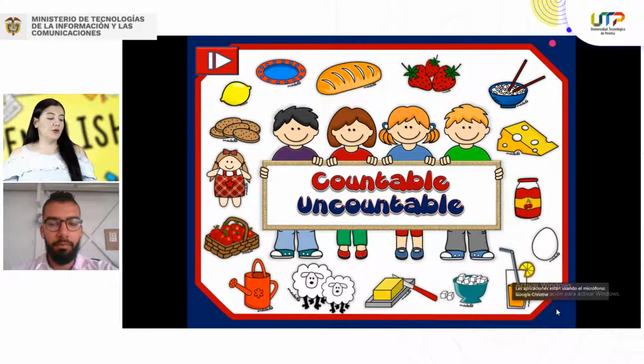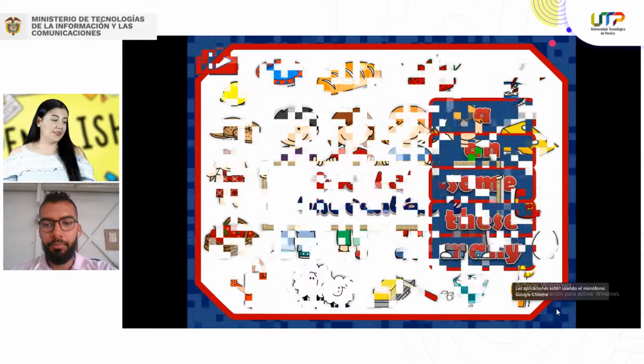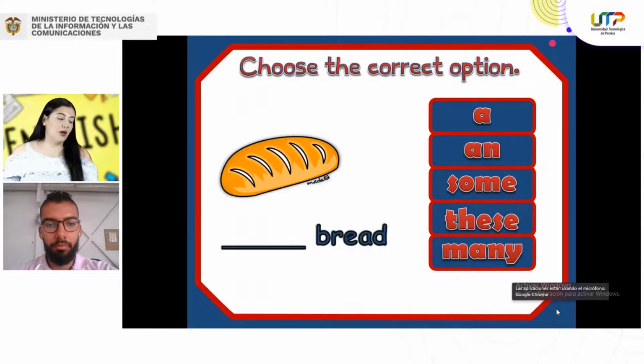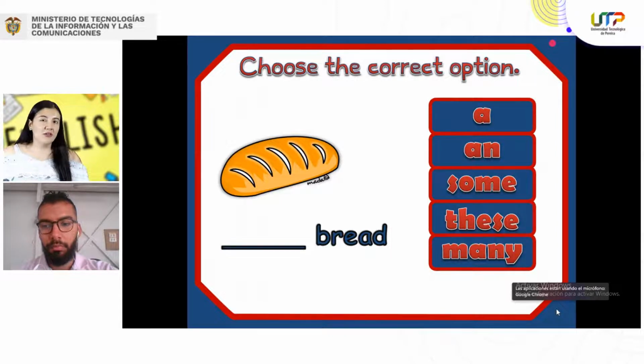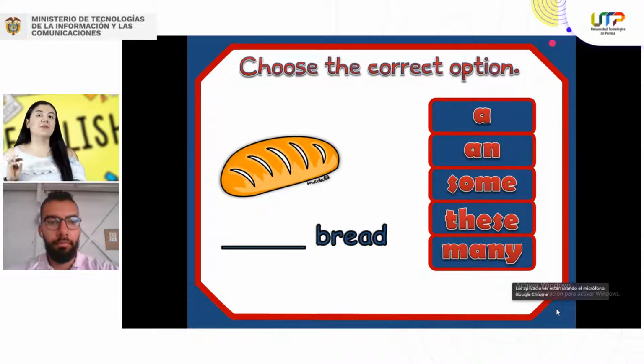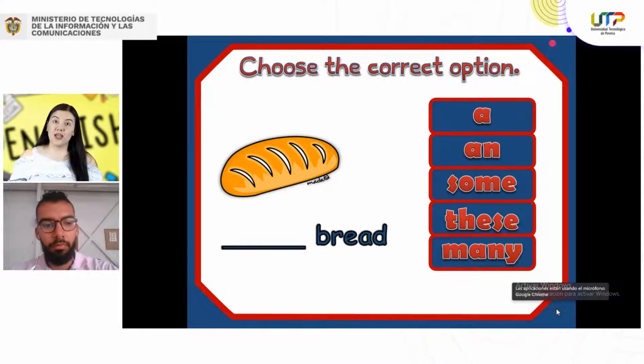So let's continue with, let's start with number 1, okay? So number 1 is the following example. Choose the correct option. Bread. Is bread countable or uncountable? How can we use it? Tenemos varias opciones, entonces ustedes van a poner la opción que ustedes creen es correcta.